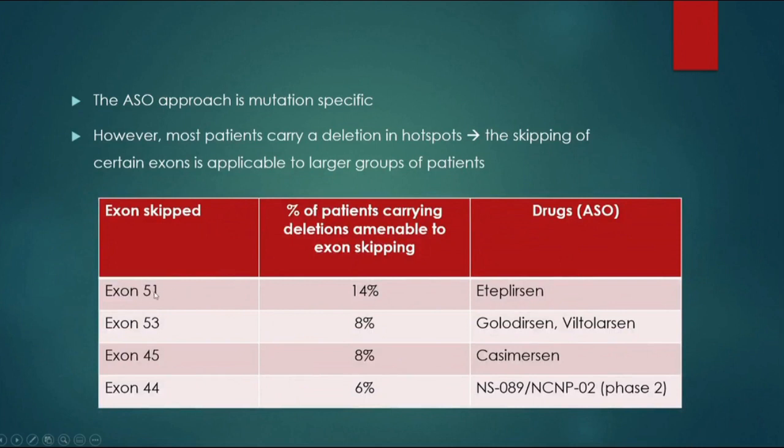We should understand that this is not the exon which is deleted. The deleted or mutated exons are around this exon, either before or after. So we need to skip this so that the reading frame is restored. So that happens in 14% of cases. Others, like 53 and 45, 44, are also involved in many of the patients.